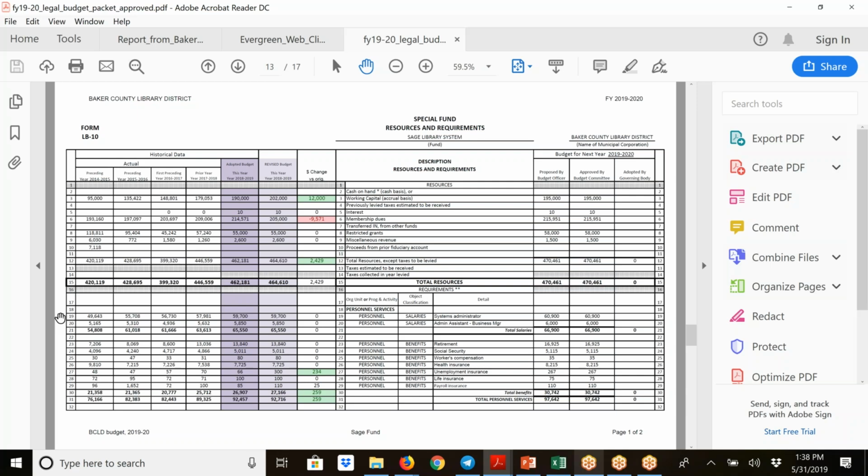And then in the materials and services on page 2, I think the technology line is increased mostly because of some Equinox work. I'm not really sure. Yeah, we had to buy extra hours.